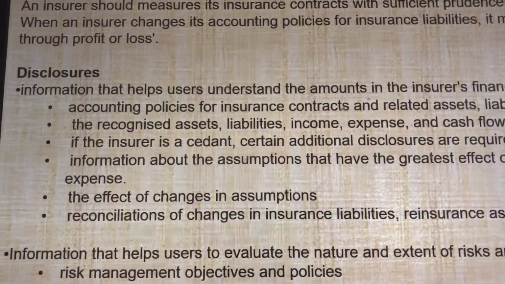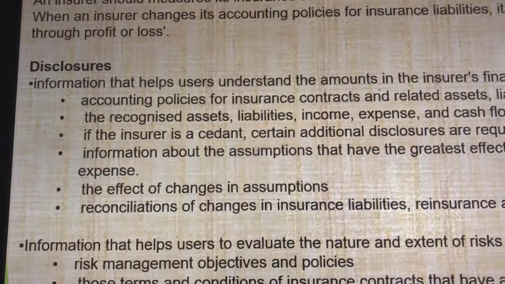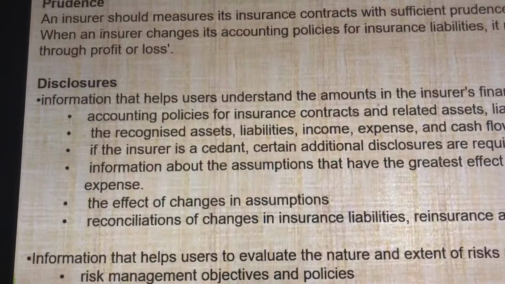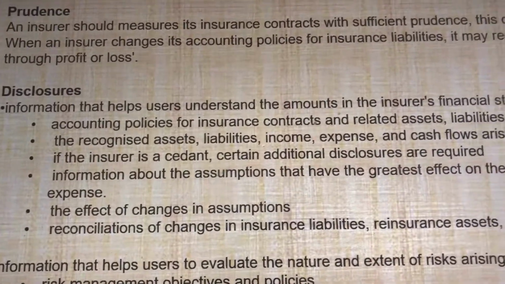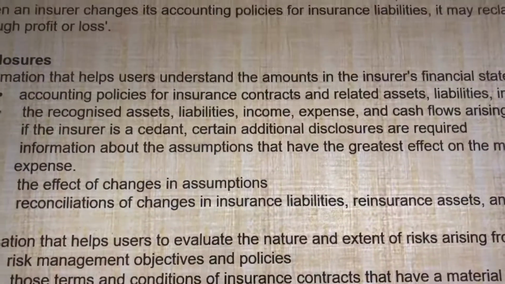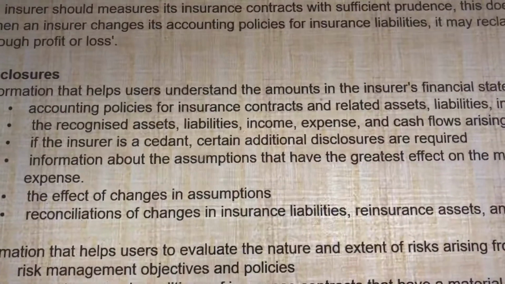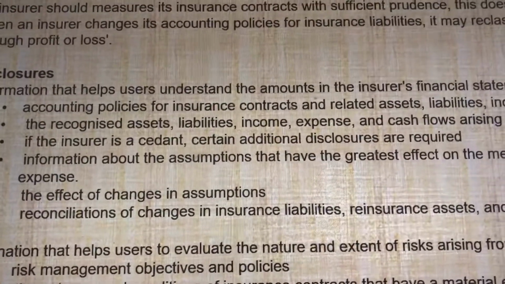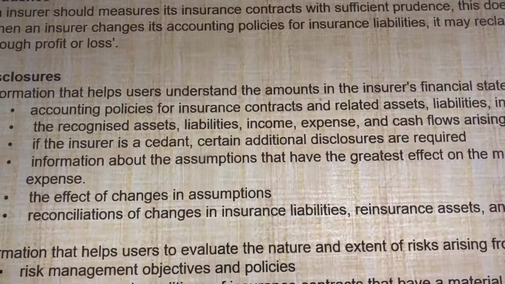And also we talk about the disclosure, information that helps users to understand the amounts in the financial statements that arise from insurance contracts. So the accounting policy for the insurance contract that relates to the assets, the liabilities and income must be disclosed in the financial statements.